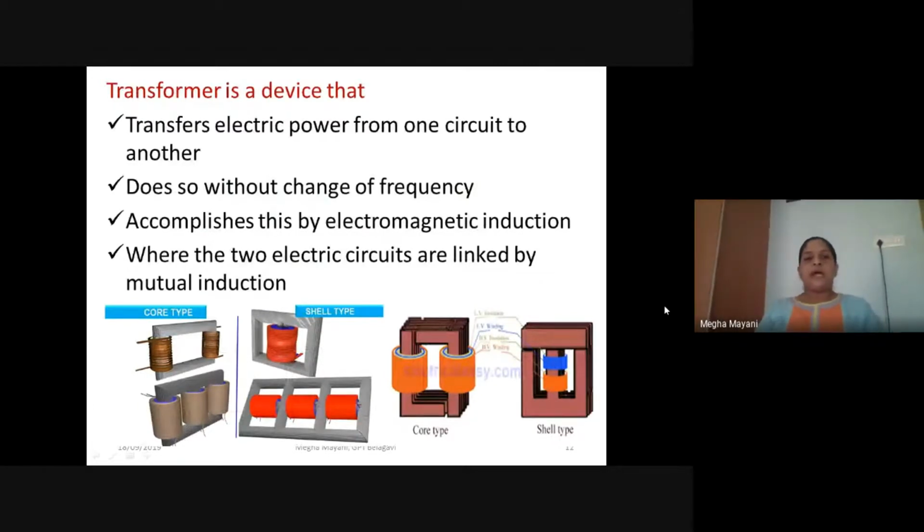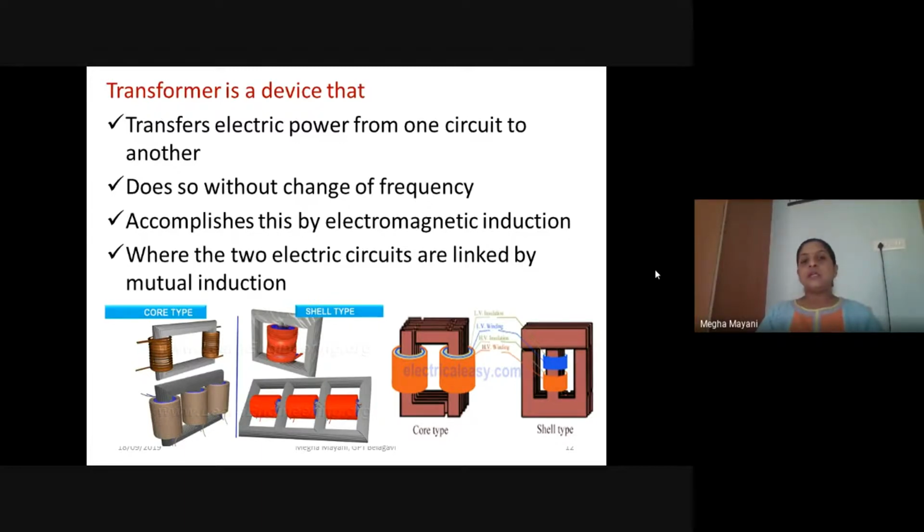So to summarize, a transformer is a device which transfers the power from one circuit to the other circuit. As you have seen in the video, the primary winding of the coil can be connected to one circuit, and the secondary winding of a coil can be connected to the other circuit. So both the circuits are completely isolated, but there is a flow of energy from one circuit to the other circuit through this transformer.